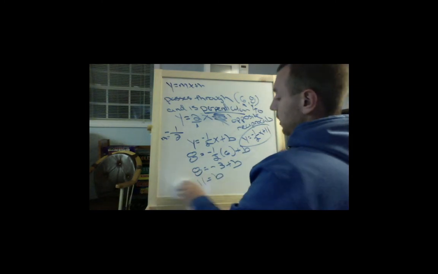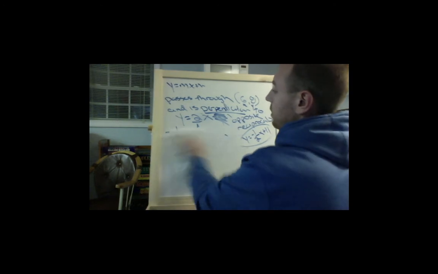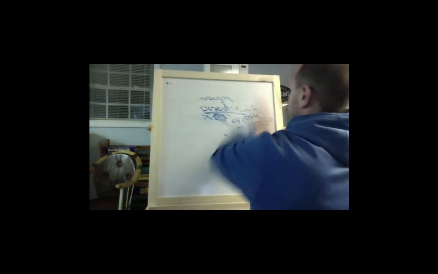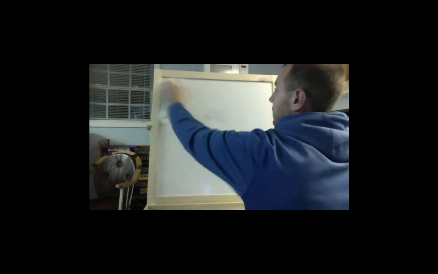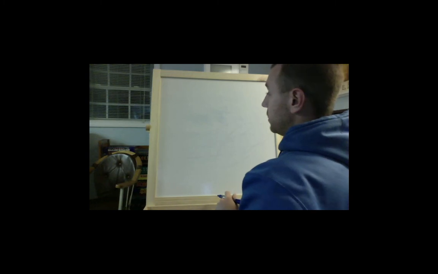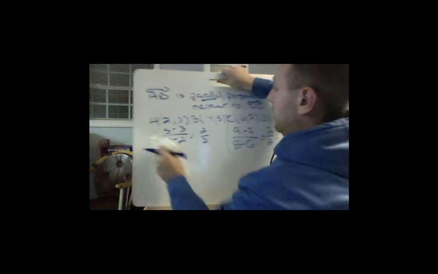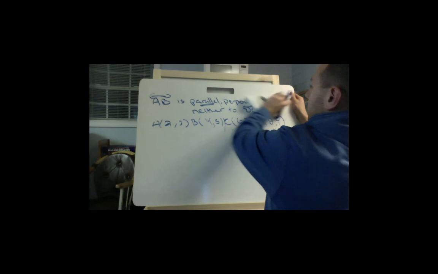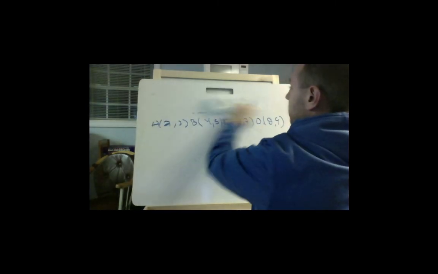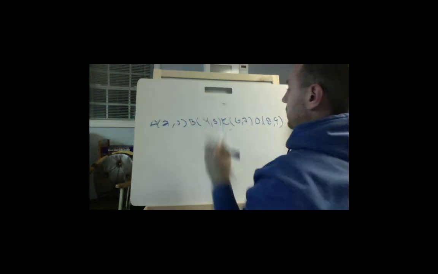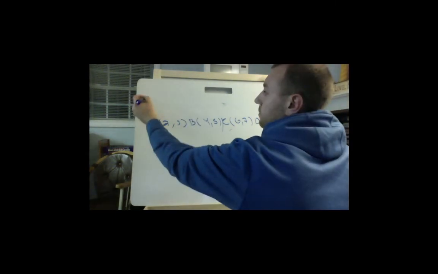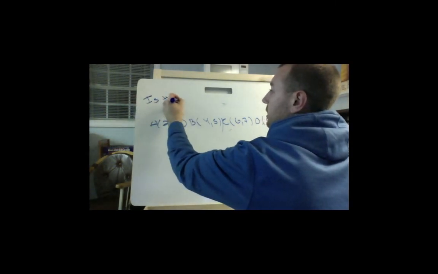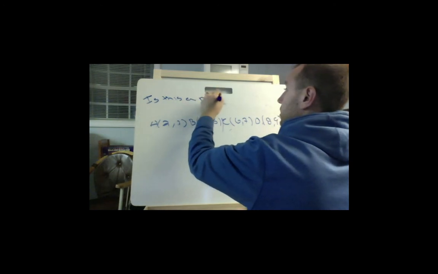The other application of parallel lines, or the slope, is proving if it's a parallelogram or not. So if it's a parallelogram, you're again going to be given 4 points, and it says, is this a parallelogram?